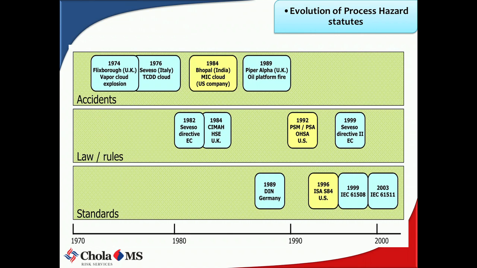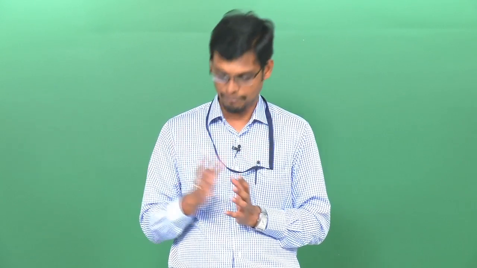You can look at it from the mid 70s to 80s, you have Flixborough and Seveso. I think you would have heard about many of these incidents in the previous classes, right. These are the incidents which shaped the elements of process safety management over a period of time. You come to 1996, it talks about ISA S84, then 1999, 2003.